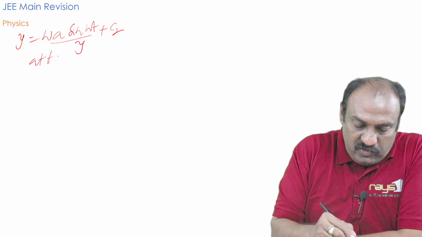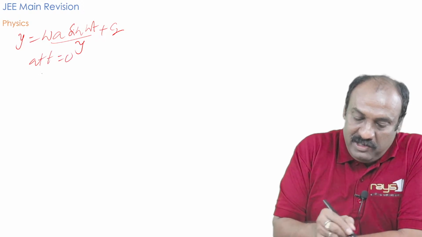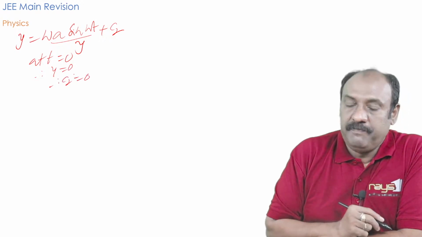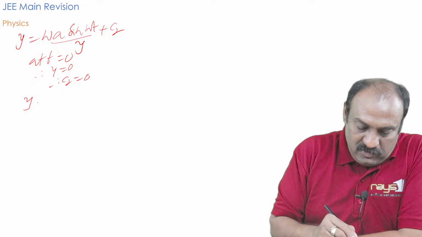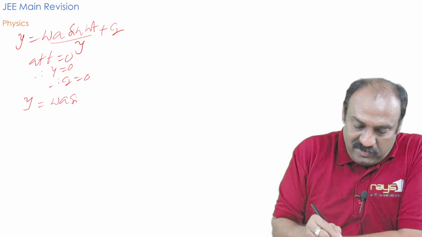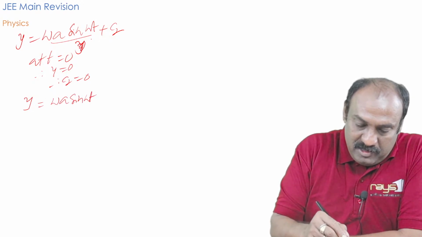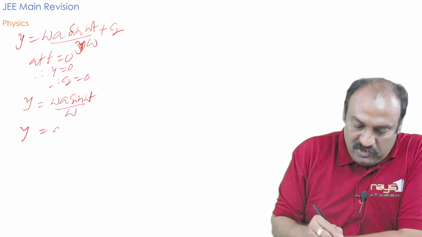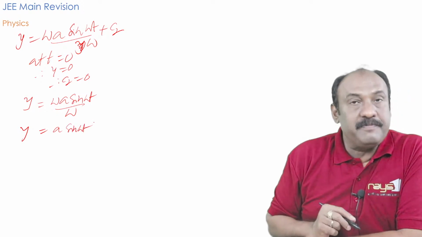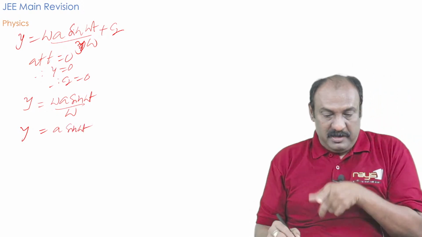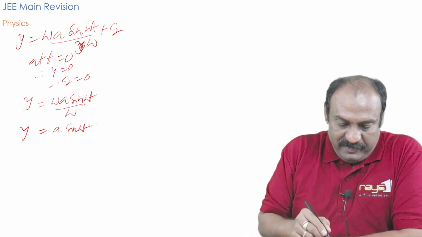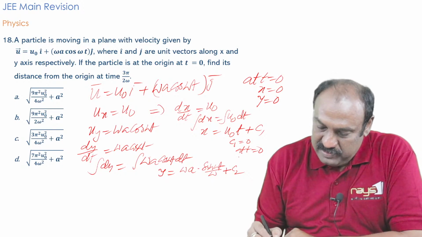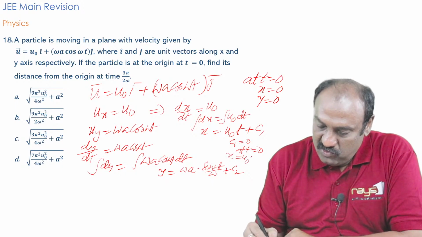At t equal to 0, y is also 0, therefore c2 is also 0. So, from this y is equal to omega a sin omega t by omega. The omega gets cancelled, so y equals a sin omega t. Okay, so this is the value of y. And what is the equation for x here? From this, x is equal to u naught into t.